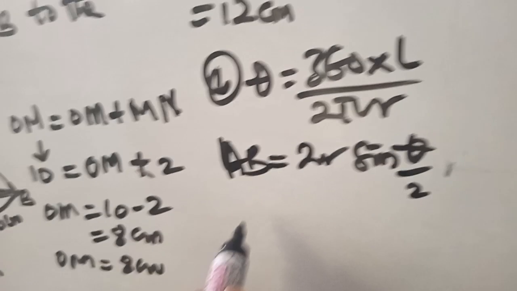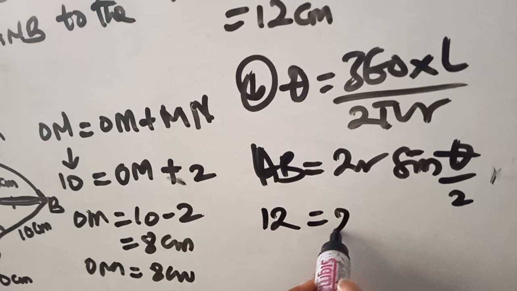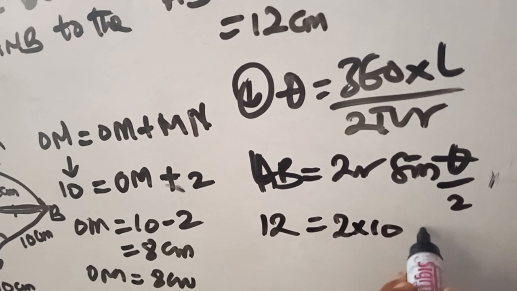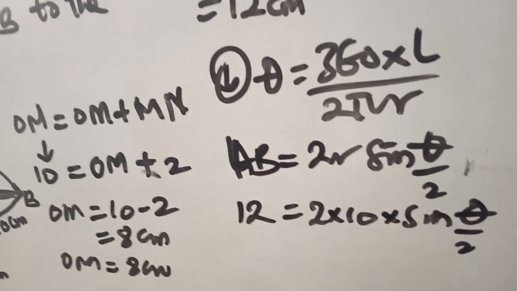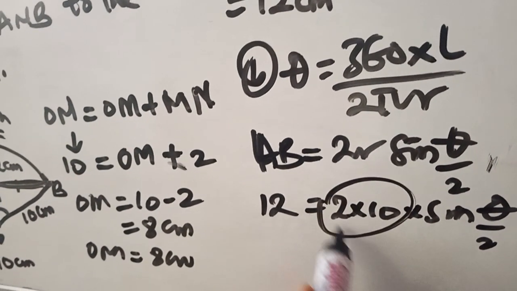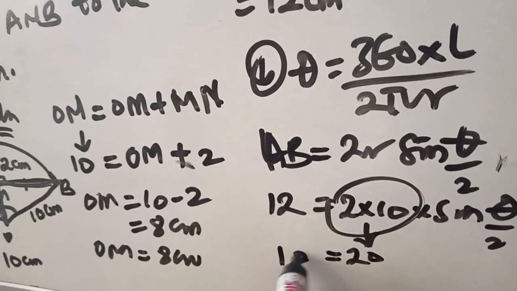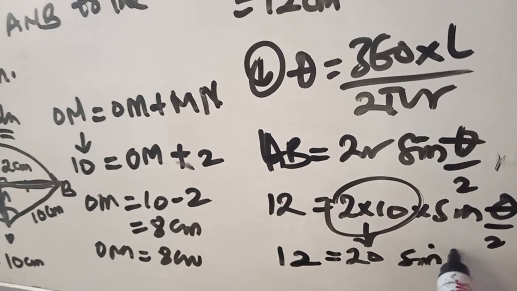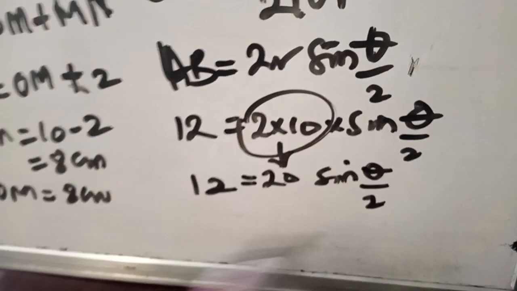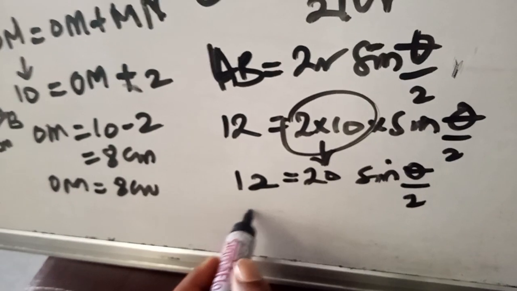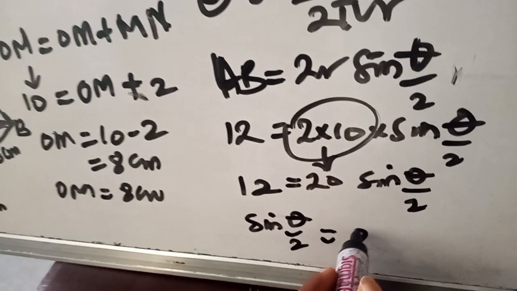AB is equal to 12, equal to 2 times r, which is 10, times sine theta over 2. If you multiply this, it will give me 20. So we have 12 equal to 20 sine theta over 2. From here, we can divide both sides by 20. We have sine theta over 2 equal to 0.6.